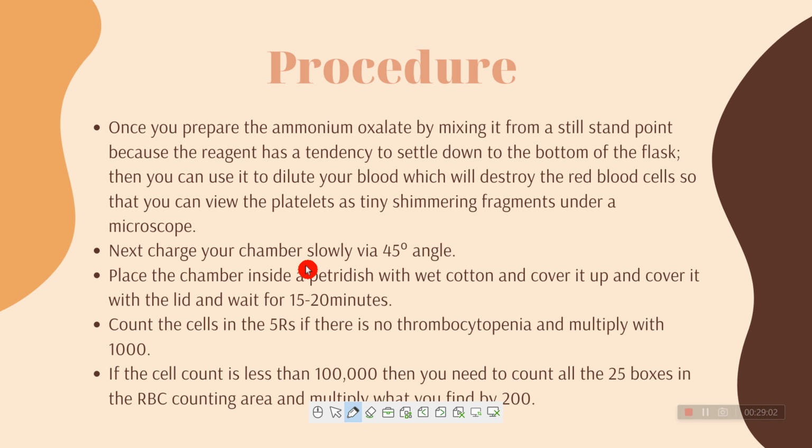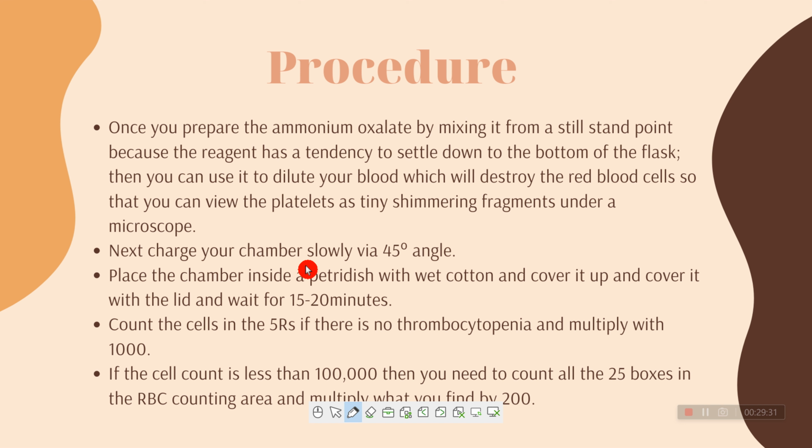Alright. So what we have to do is prepare the ammonium oxalate by mixing it from a standstill, because this reagent has a tendency to settle down at the bottom of the flask. Then we can use it to dilute blood. The principle of the test is that it will destroy the RBCs and the WBCs, and the platelets are preserved in the sample.